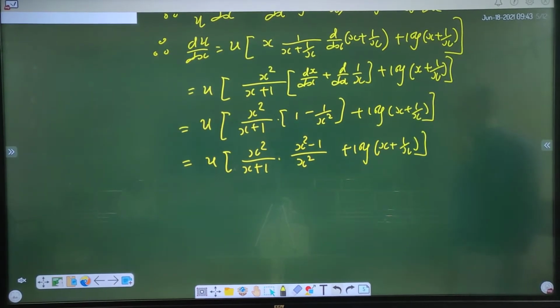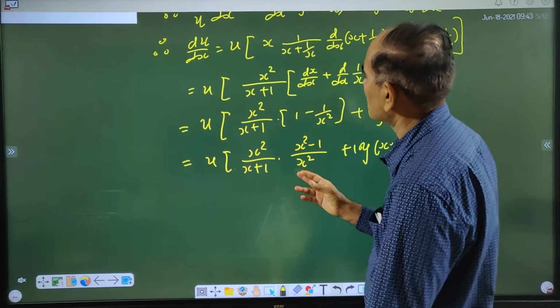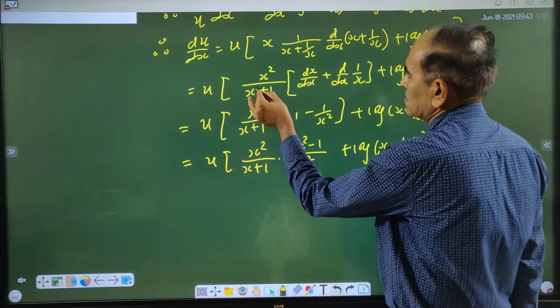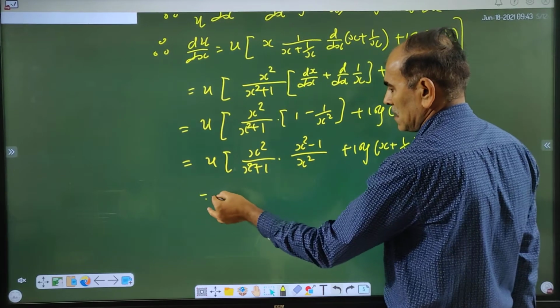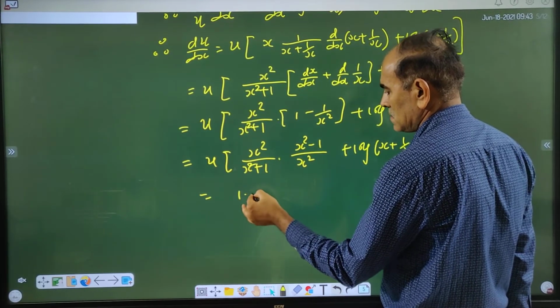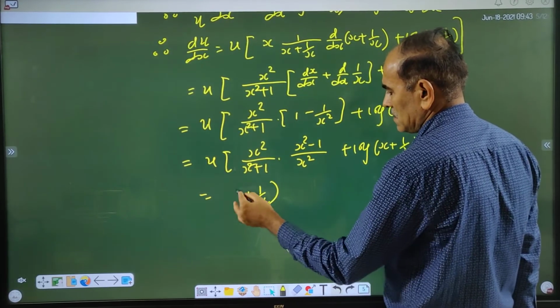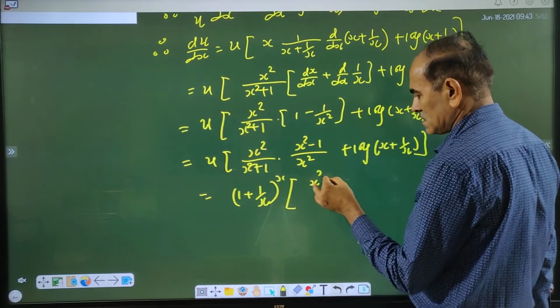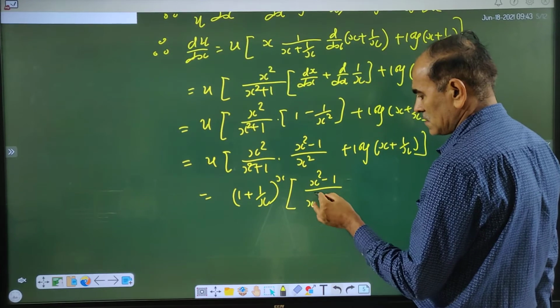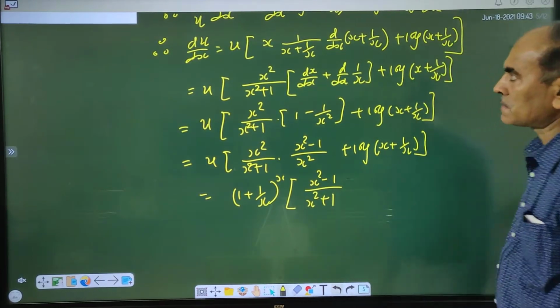What we get here? Here we get x square plus 1. So that is equal to u, meaning (1 plus 1 by x) raised to x, x square cancel, (x square minus 1) over (x square plus 1).